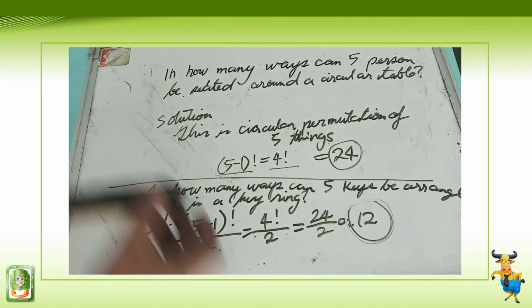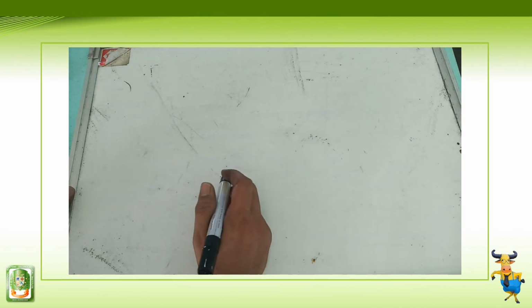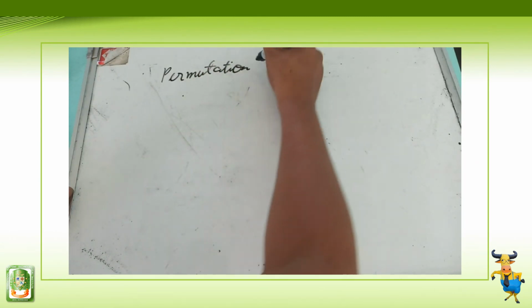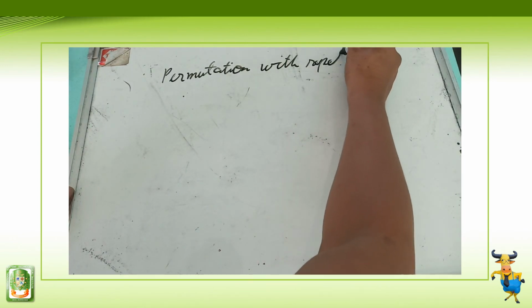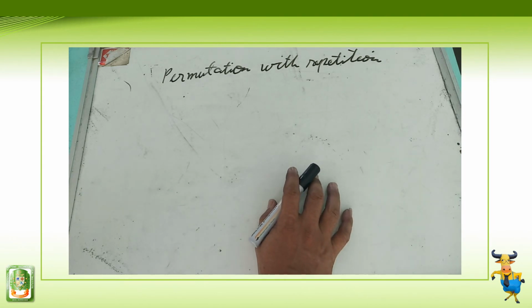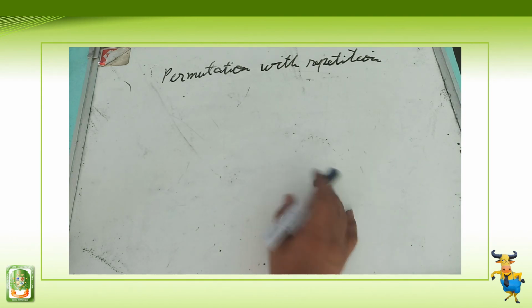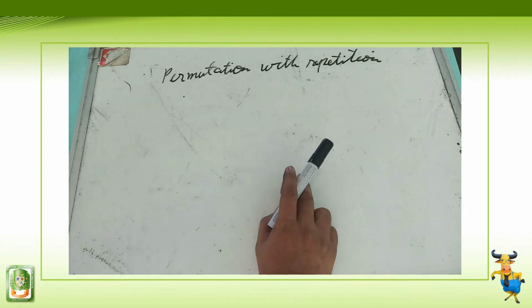Is it clear? The last one, class, is what you call permutation with repetition. In this case, class, the elements with which we can form the permutation are not all different.